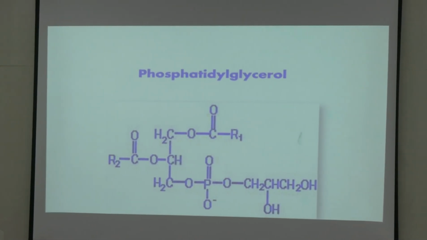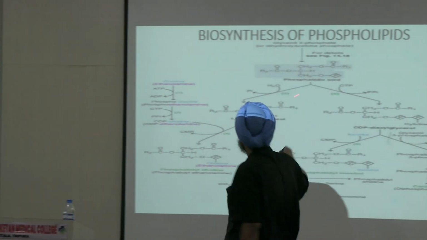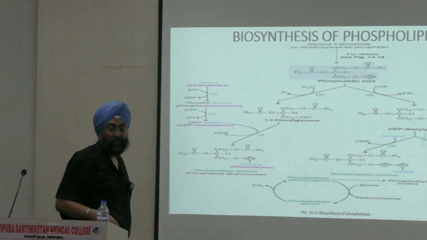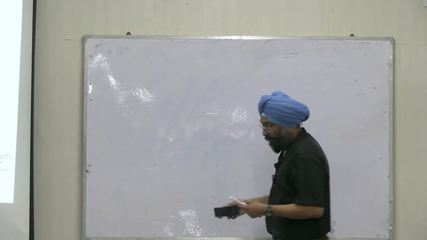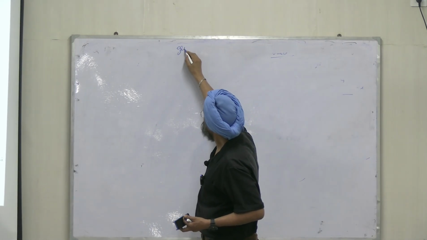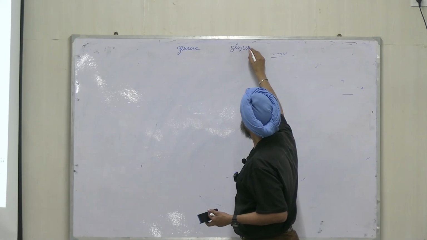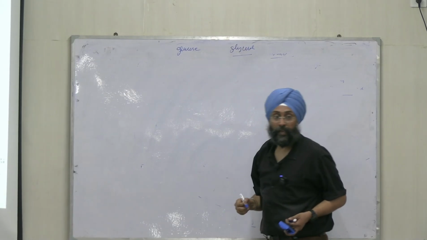So this is the synthesis of phospholipids. We'll start from phosphatidic acid. Earlier we started from one, which was glucose, and another, which was glycerol, right?